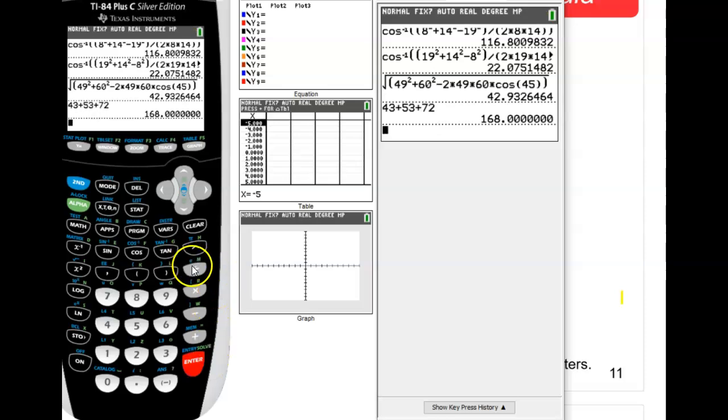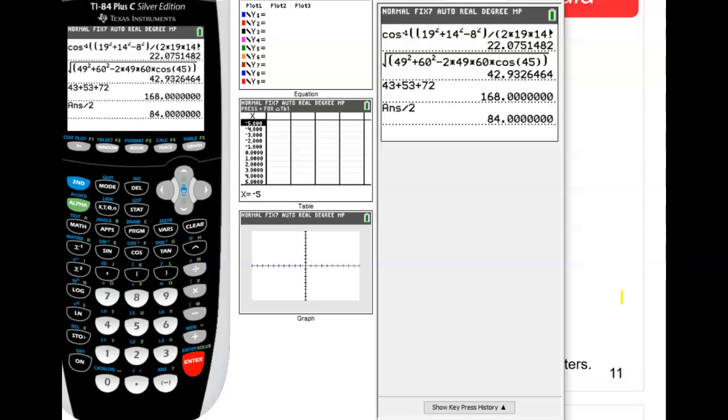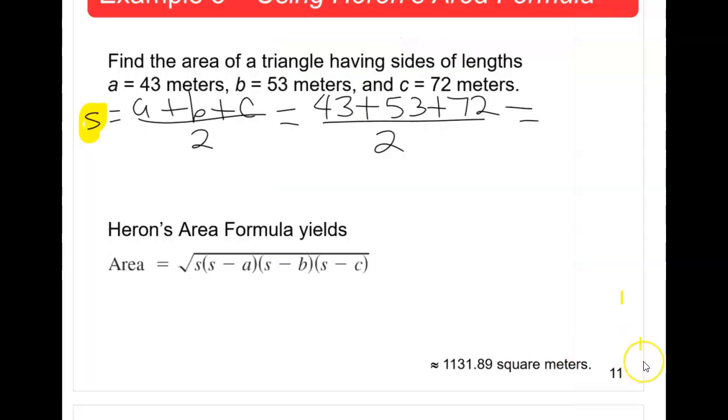Enter, and then we divide that by 2. Don't forget to divide by 2. If you don't divide by 2, your whole problem will be wrong. So this was 168, and then we divide by 2, so we got 84.